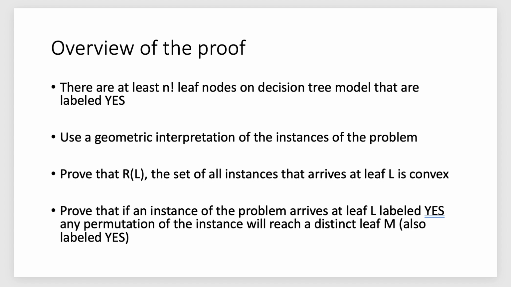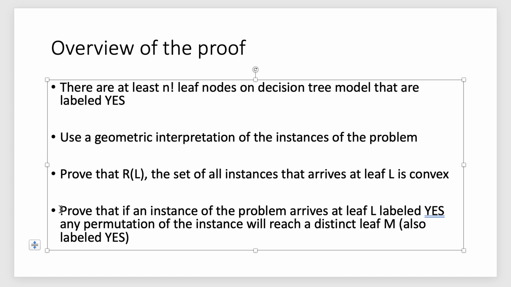Let's do an overview of the proof. We prove that there are at least n factorial leaf nodes on the decision tree model that are labeled yes. We use a geometric interpretation of the instance of the problem, and we prove that the region of a leaf L, the set of all instances of the problem that arrive at that leaf, is a convex set, a convex region.